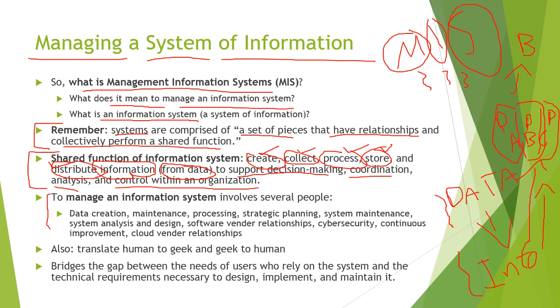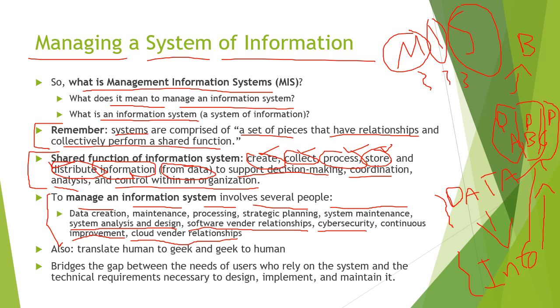So what does it mean to actually manage this information system? You need to be able to create the data, maintain everything, process everything, strategically plan the whole system around collecting and processing the data, potentially design the system, the infrastructure, the data, the software, those types of things, have relationships with different vendors to secure the system, to continuously improve everything, to manage relationships with cloud partners, which we'll talk about after the first exam.